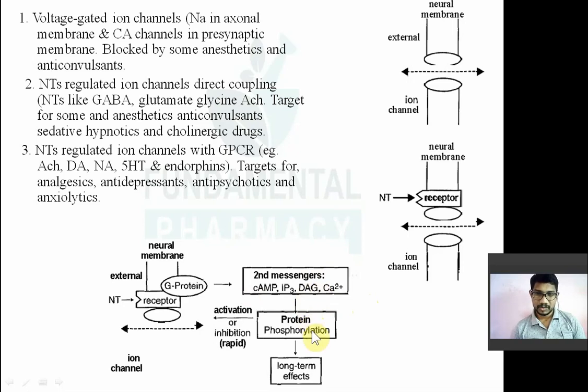It will cause phosphorylation of proteins, and this phosphorylated protein will either inhibit or increase the ion going inside or outside. In this type of receptor, the action lasts for a long term.